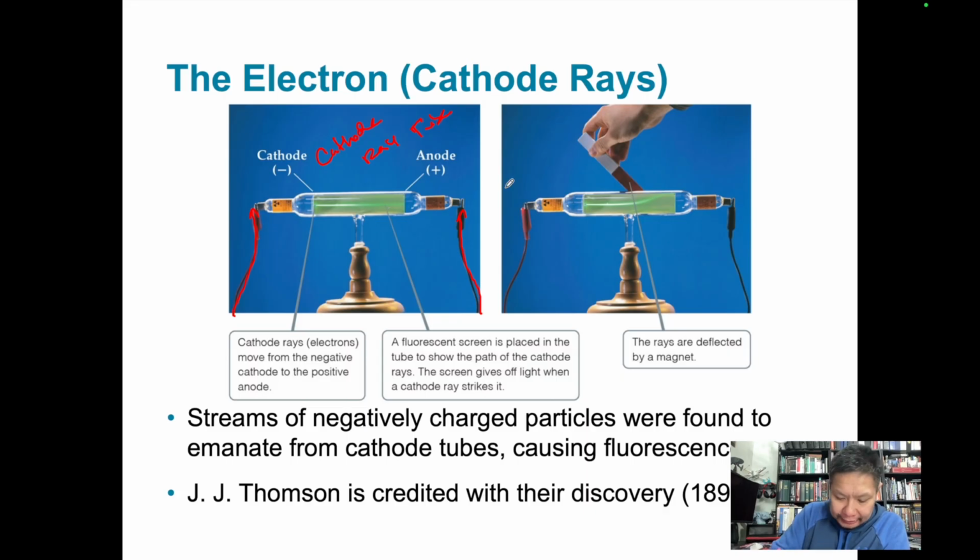But what is interesting is that if you bring a magnet towards it, it actually makes the stream deflect, right? What that means then is that this particular stream is particles, possibly electrons, that are being affected by the magnetic field.